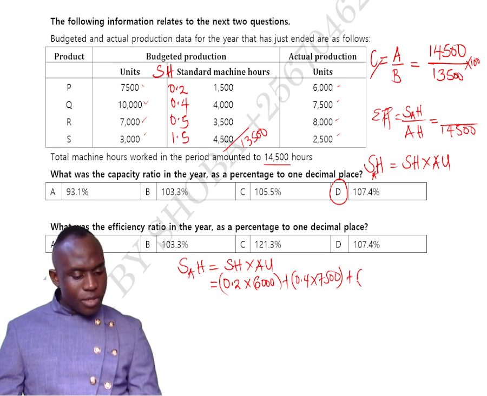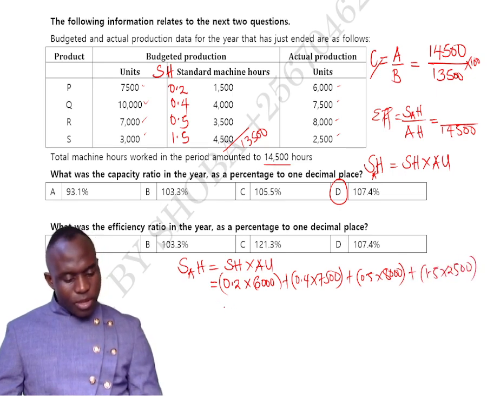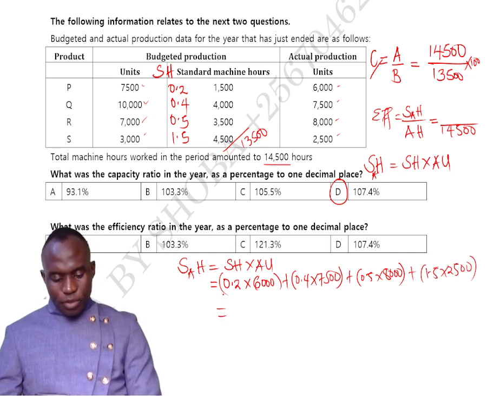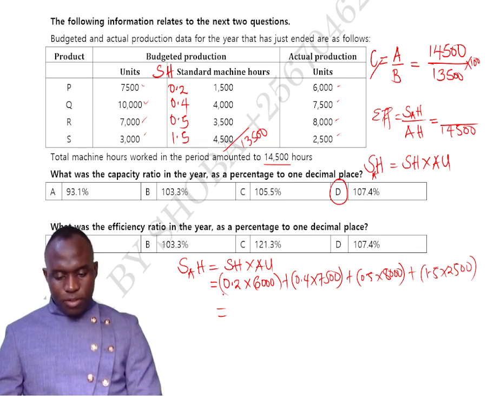Next it is 0.5 times 8,000. Then the last one is 1.5 times 2,500. So the total we get is 0.2 times 6,000 plus 0.4 times 75 plus 0.5 times 8,000 plus 1.5 times 2,500.